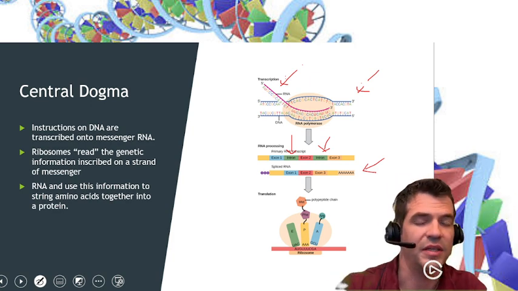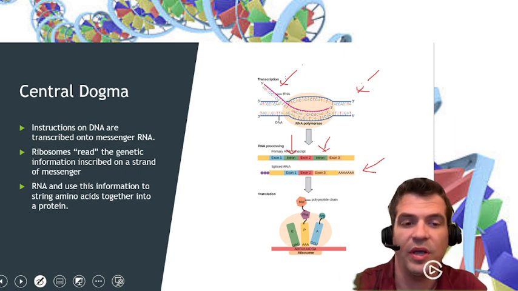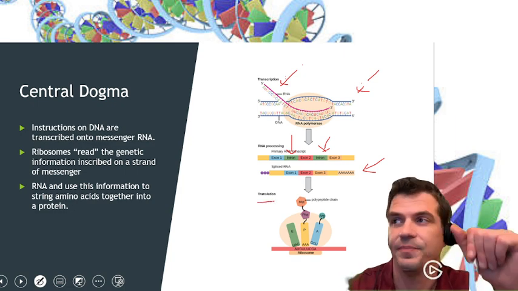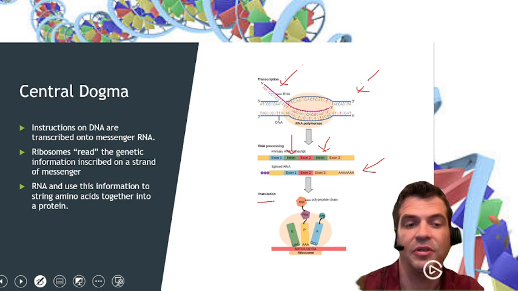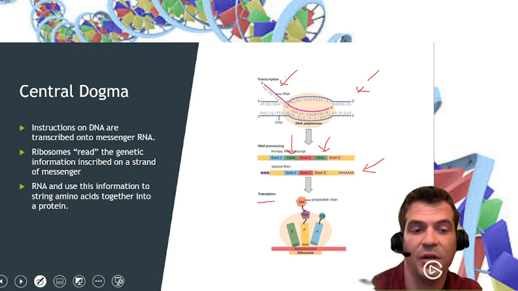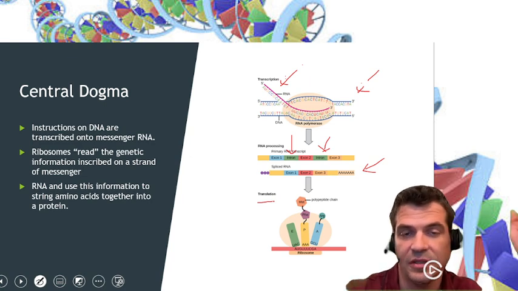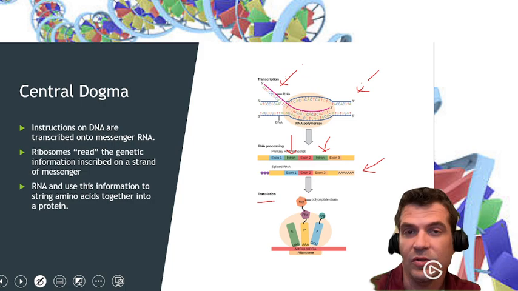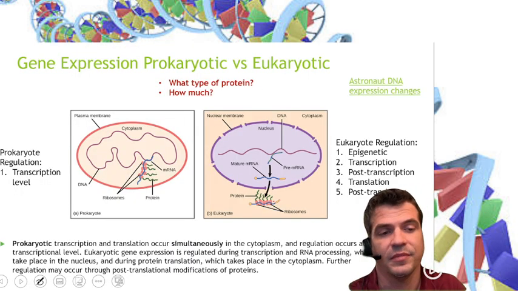And what we get started on right away is translation. That translation will occur once we are out of the nucleus if we're a eukaryote, because the ribosomes will find this, and it also happens in prokaryotes right away. What do I mean by that?